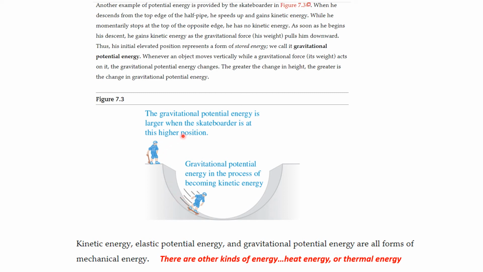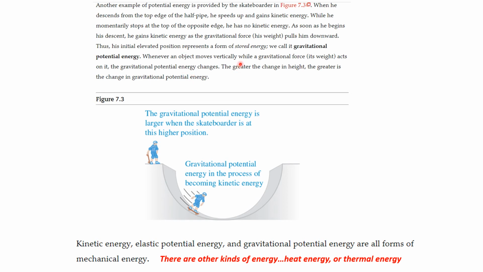And so this gravitational potential energy up here is changed into kinetic energy as we go down, and he goes faster and faster, but then he starts going slower and slower, and what happens is the kinetic energy is being changed back into gravitational potential energy, and he could jump off over here, and if that's the same height, he would have changed the gravitational potential energy into kinetic energy and back into gravitational potential energy.